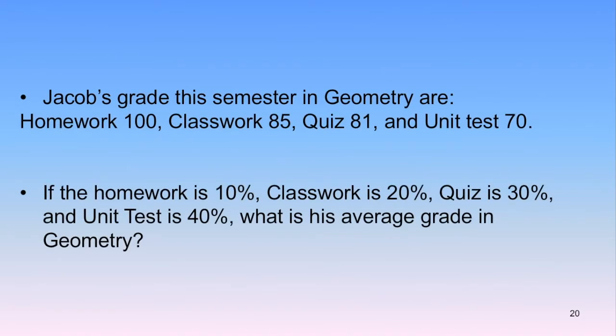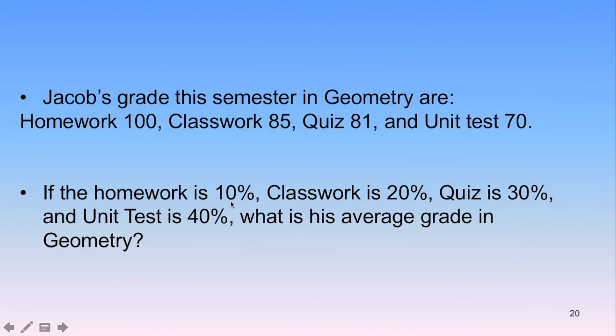Lastly, let's say Jacob's grades this semester in geometry are 100 in homework, 85 in classwork, 81 in quiz, and 70 in unit test. If the homework is 10%, classwork is 20%, quiz is 30%, unit test is 40%, what is his average grade?